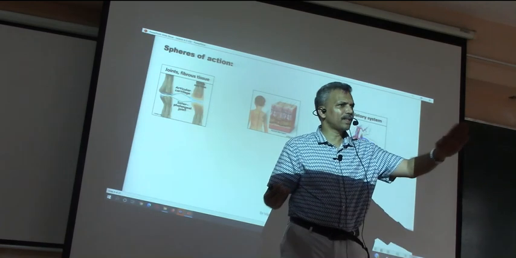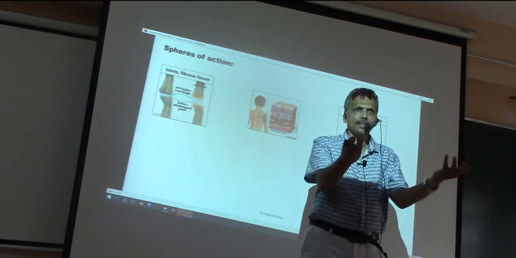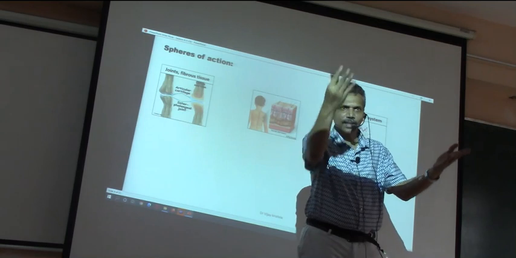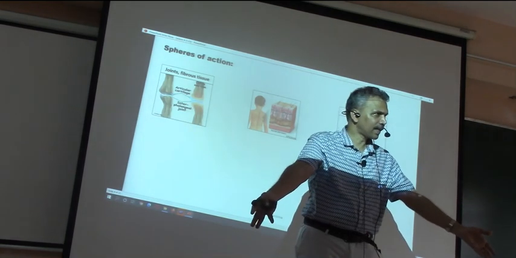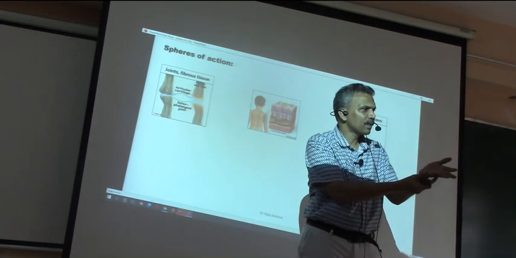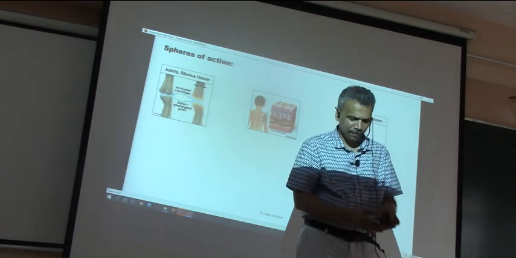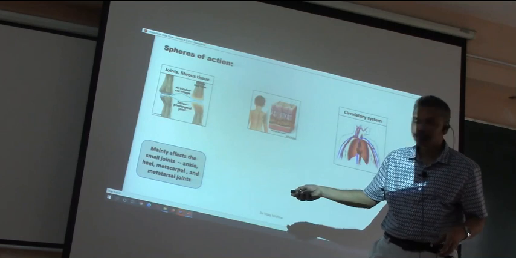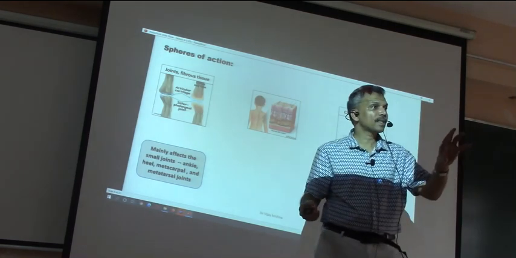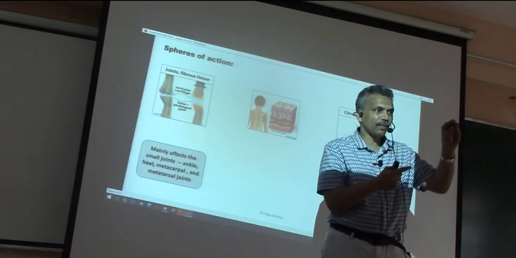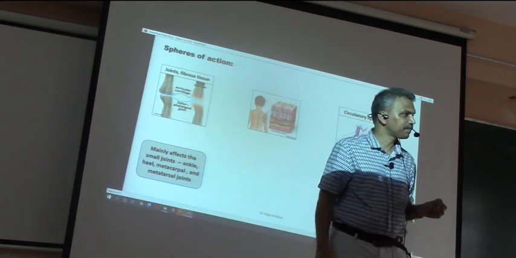I don't know how much of joints are told in anatomy, but simple, what you realize looking at the skeleton in your anatomy lab, there are something called small joints, there are something called large joints. Ledum is a remedy which has an affinity mainly for the small joints.